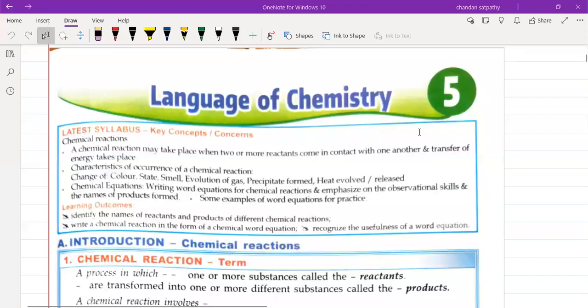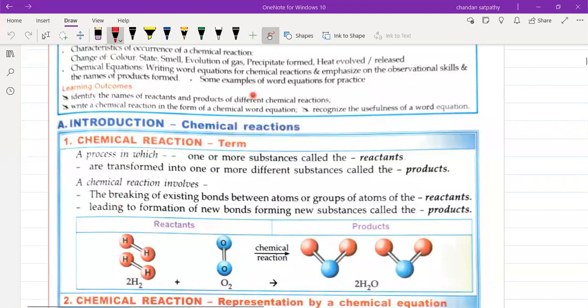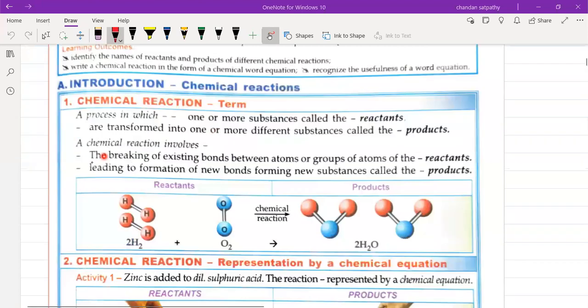So let us start chapter 5, language of chemistry. We will first see what is a chemical reaction.